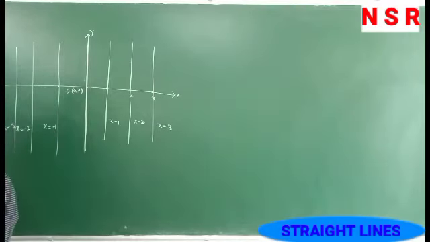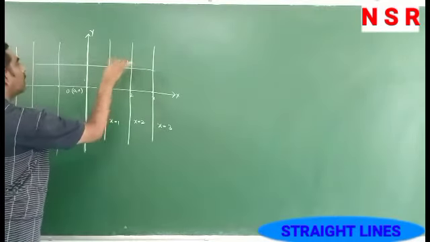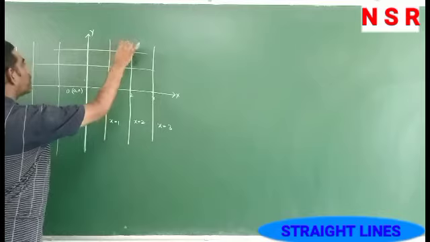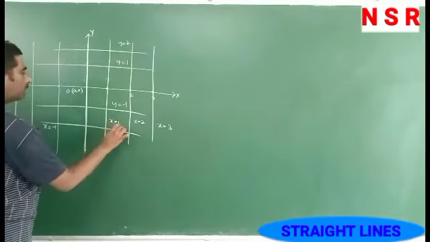The y-axis is also a straight line. It can be written as x equal to 0. x equal to 0 means the y-axis. Similarly, here y equal to 1 and y equal to 2, and here also y equal to minus 1 and y equal to minus 2.